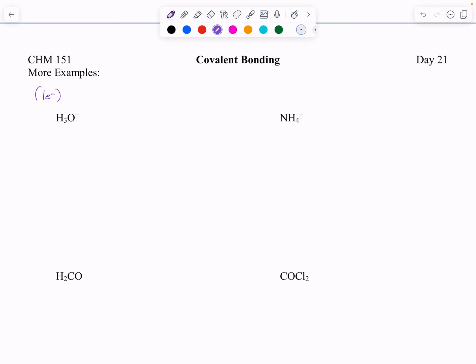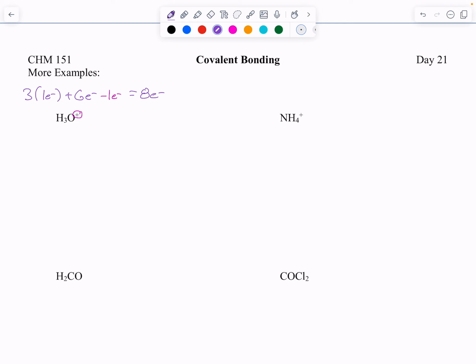And there are 3 H's, and oxygen has 6 electrons, because it's in group 16. But because of this positive right here, we're going to subtract 1 electron, because overall, we lost a valence electron. We didn't lose a core electron. We lost a valence electron. So that would be 3 plus 6 is 9 minus 1. So that gives us only 8 electrons to play with.